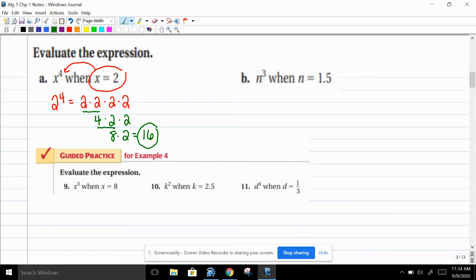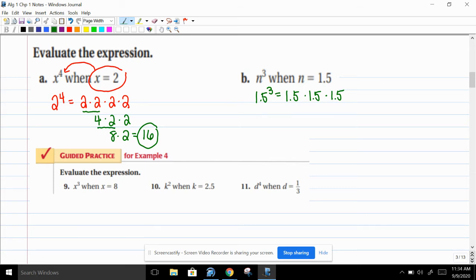Letter B, n to the 3rd power when n is 1.5. So this would be 1.5 to the 3rd power, which would be 1.5 times 1.5 times 1.5. Now, you're going to need a calculator here, so I'm going to get my calculator out.